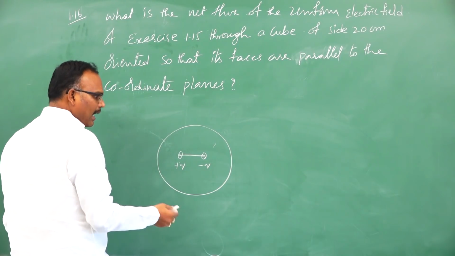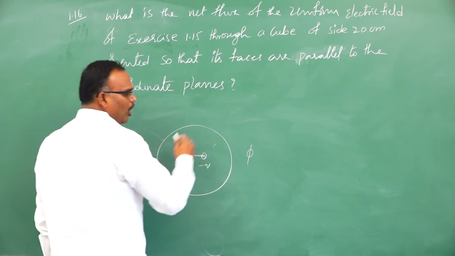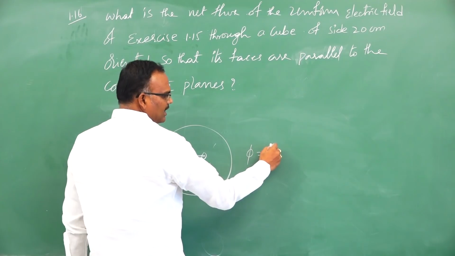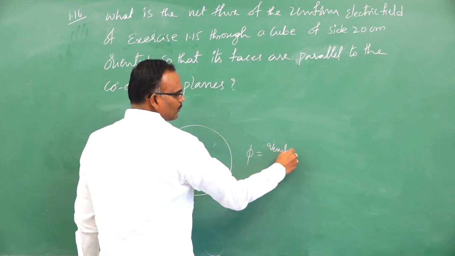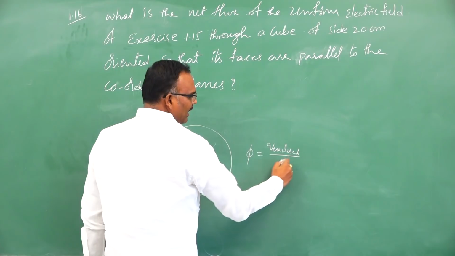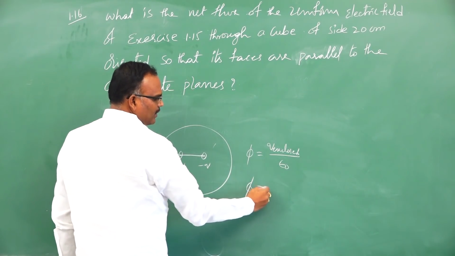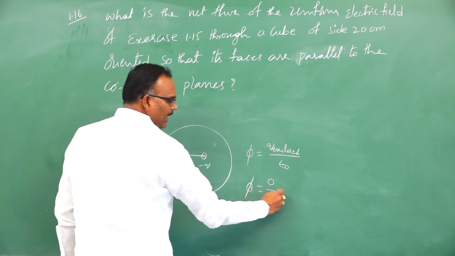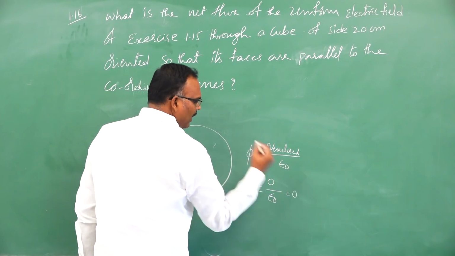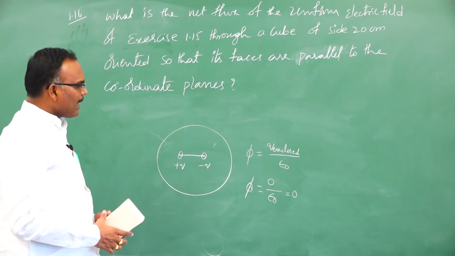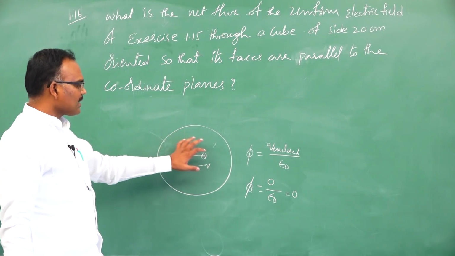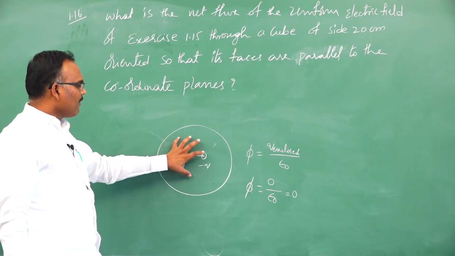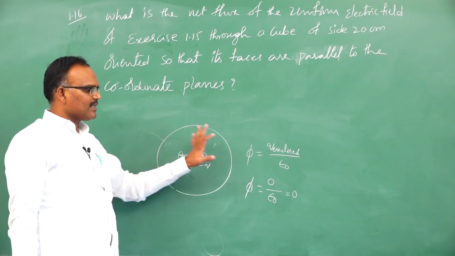Or else, if you apply the basic concept of flux, that is net charge enclosed divided by epsilon naught, here the net charge of the dipole is 0 divided by epsilon naught, so flux becomes 0. Sometimes flux becomes 0 even when charge is present inside. If the net charge is 0, no doubt the flux passing through this Gaussian surface becomes 0.